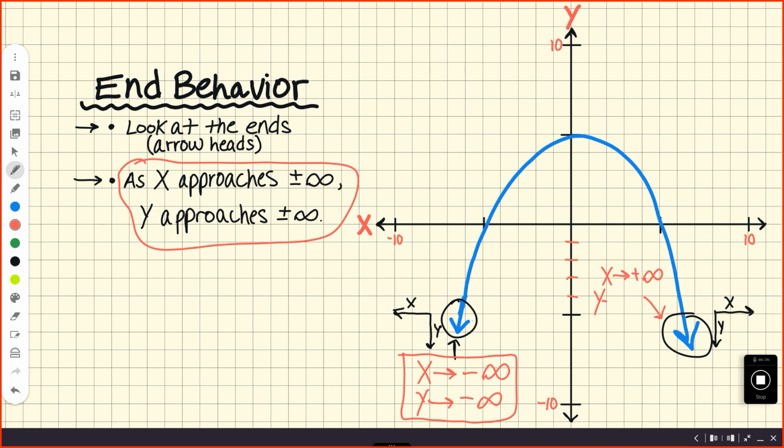My y approaches, well, my y is going down where all my negatives are at, so that's going to be a negative infinity. Okay, I'm going to erase this. So for this end behavior, it would be expressed as x approaches positive infinity, y approaches negative infinity.